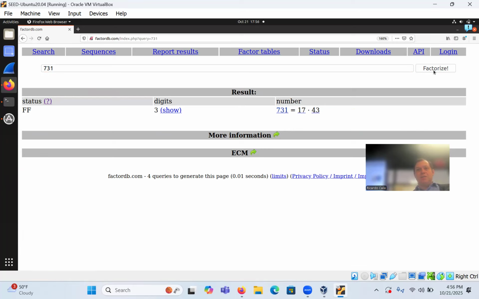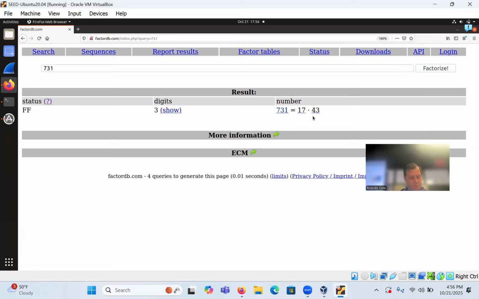I had a P of 17 and a Q of 43, and I was able to calculate my n from that. So now I'm reversing the process from 731 to 17 and 43. But remember, these are prime numbers, so there's only two of them in the factorization. Got it? That's it.